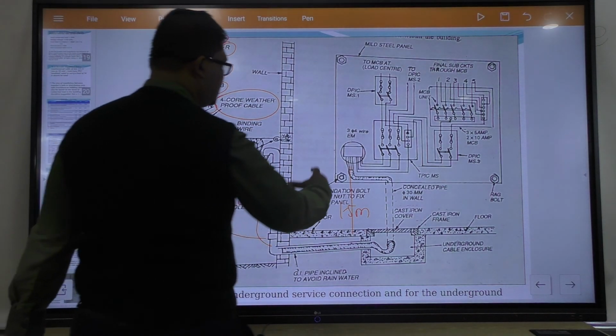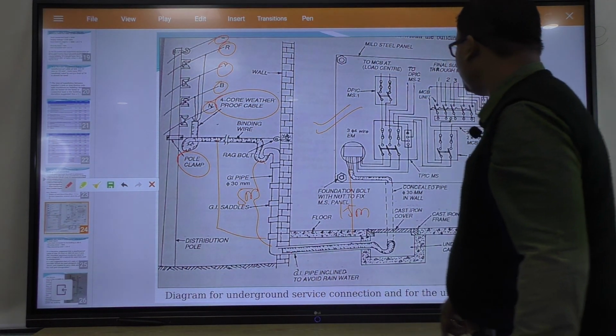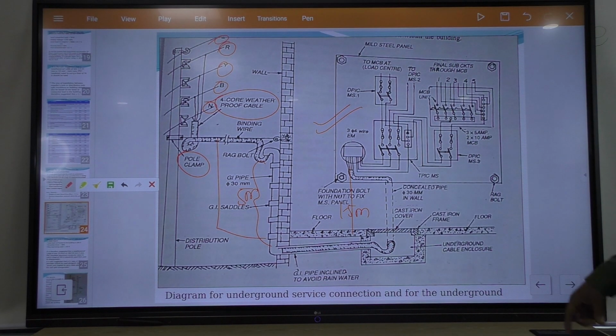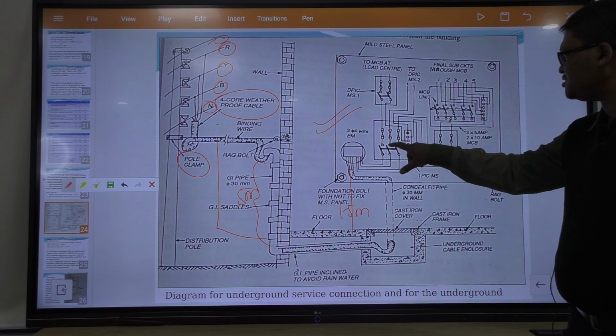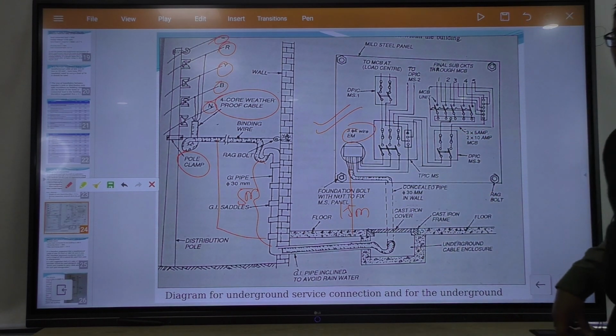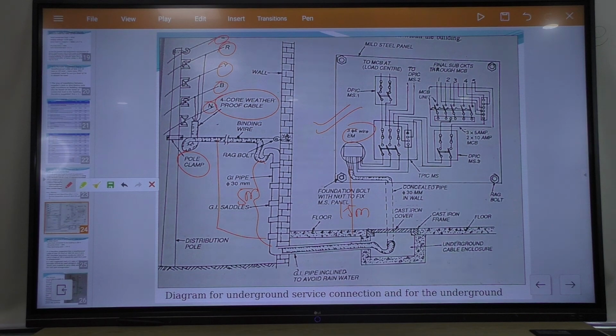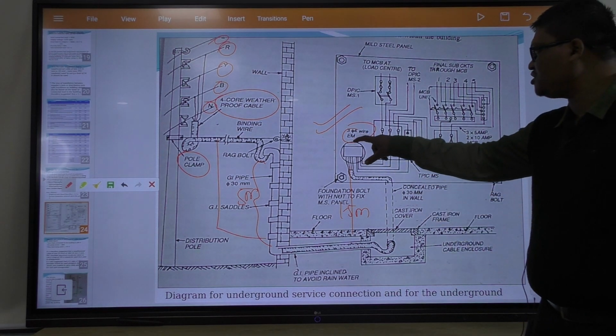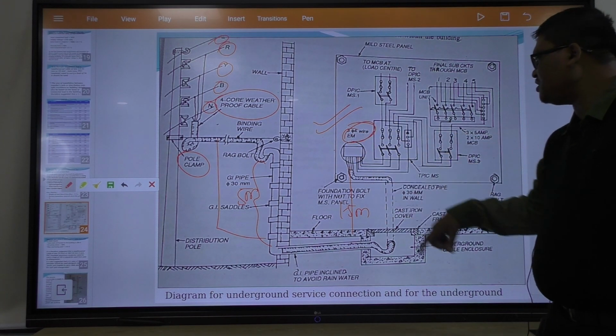This is the installation of this underground cable, that is, this is your energy meter, 3 phase 4 wire. Since our underground is 25 kilowatt above 3 phase supply, it is 3 phase 4 wire for energy meter.